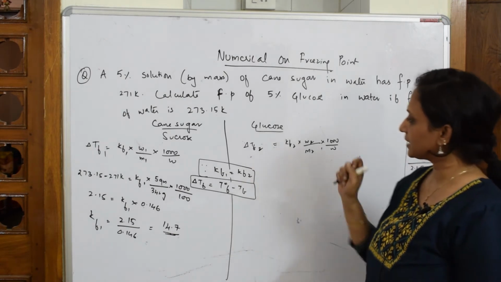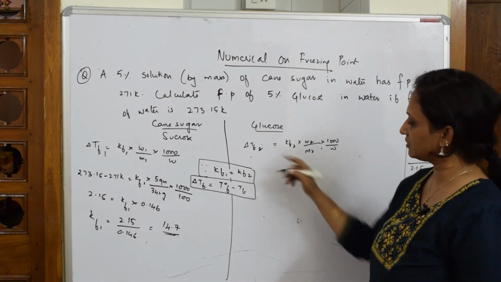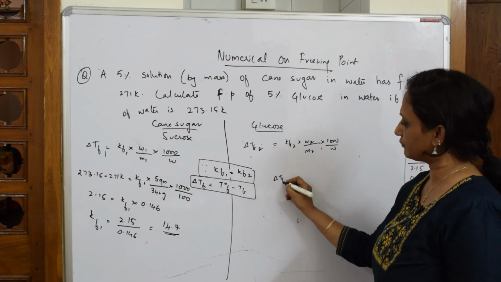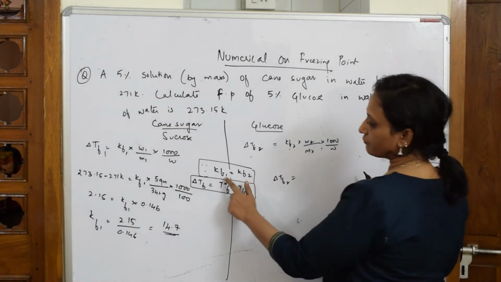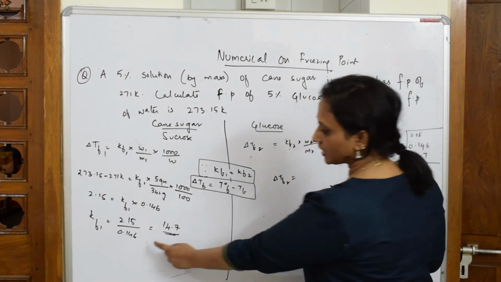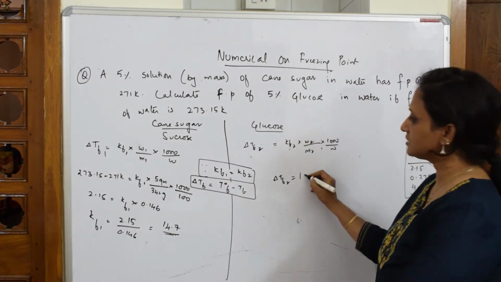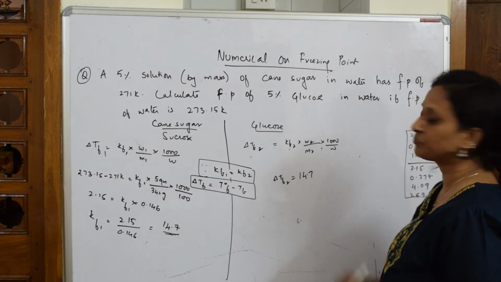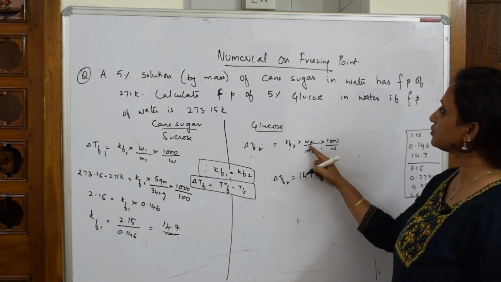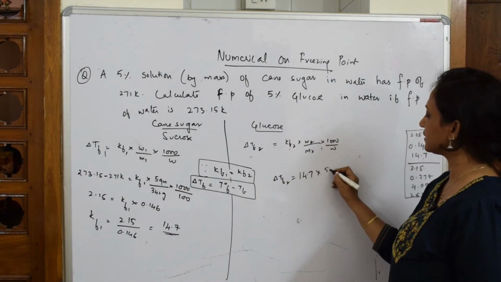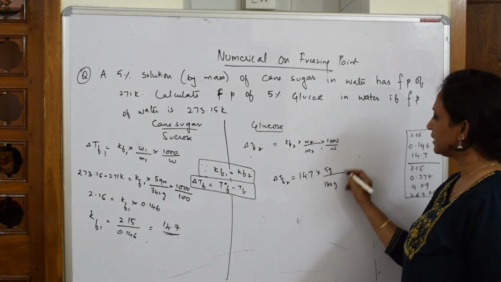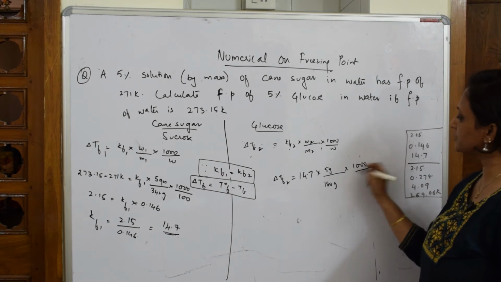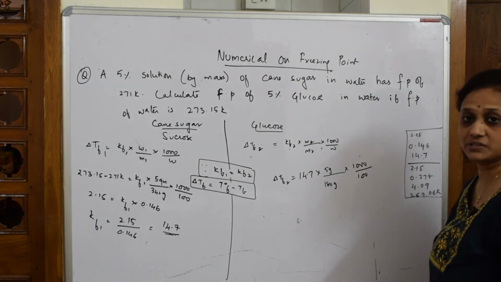Now, to find this, delta TF2 is equal to KF. KF1 is equal to KF2, I said, and KF1 I already got, so that's the reason I solved that first. KF1 into W2, which is 5 grams of glucose, divided by the molecular weight of glucose, 180 grams, into 1000 divided by 100 grams, since it is 5%.